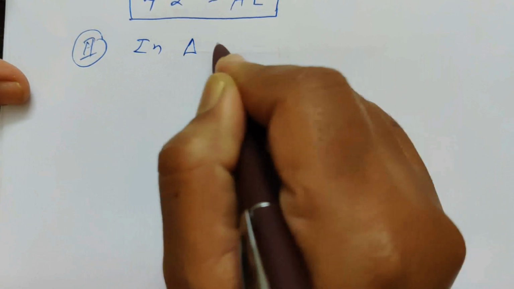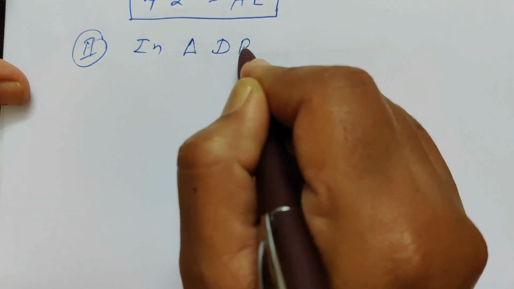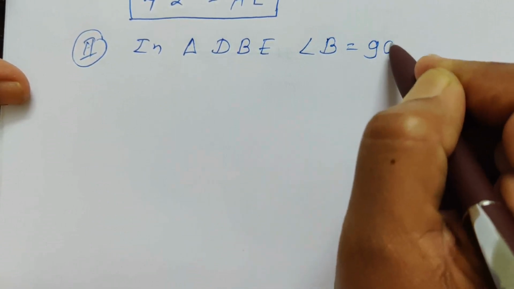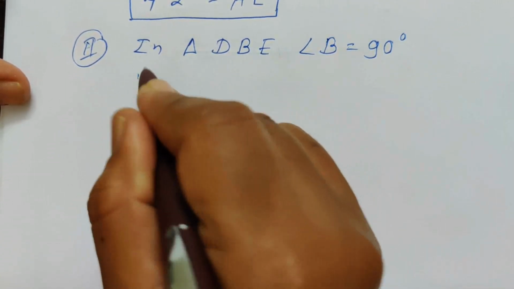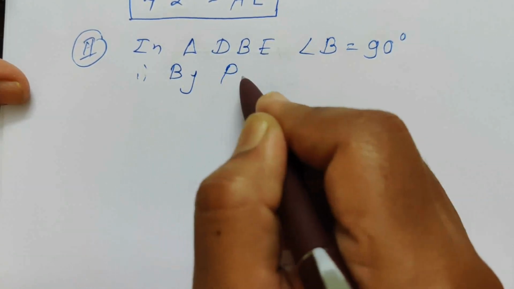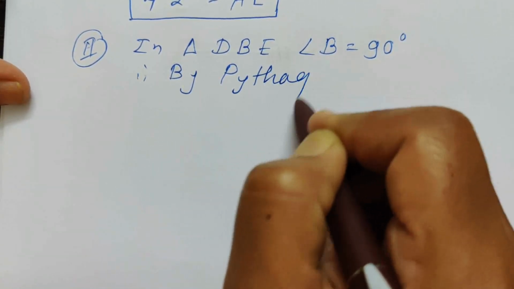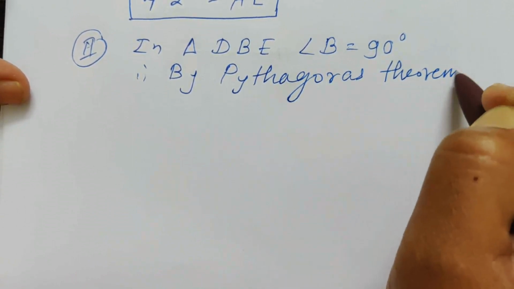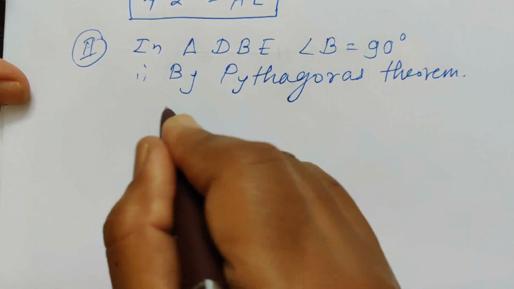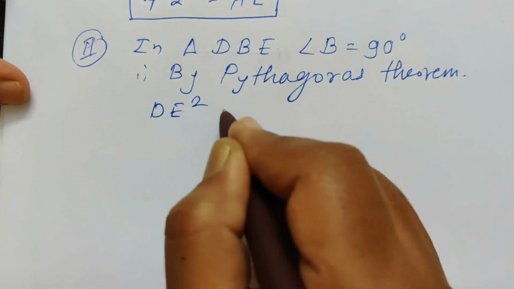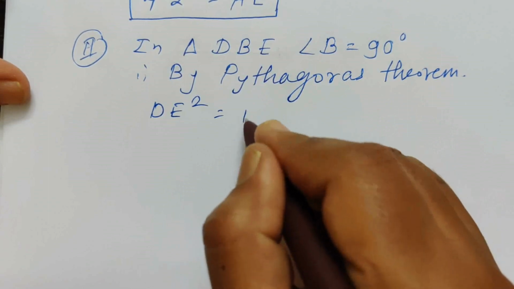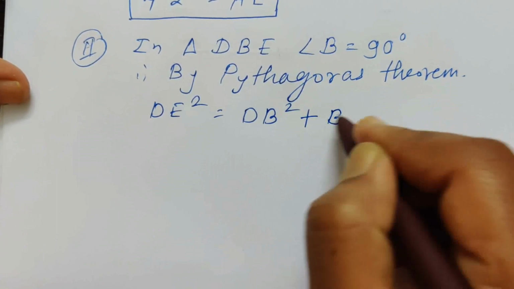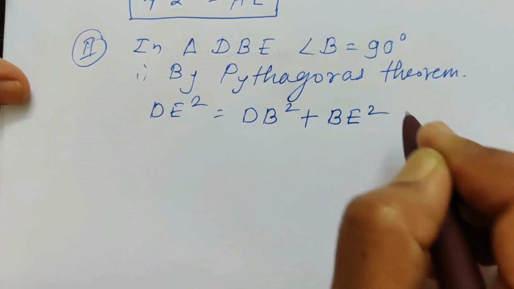In triangle DBE, angle B equal to 90 degree, so by Pythagoras theorem you get DE square is equal to DB square plus BE or EB square.